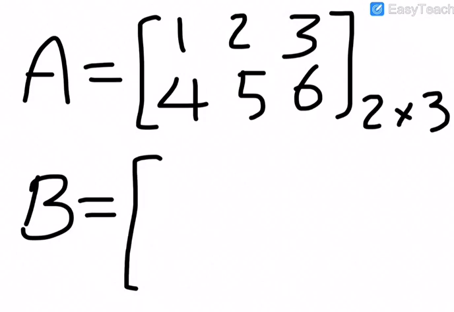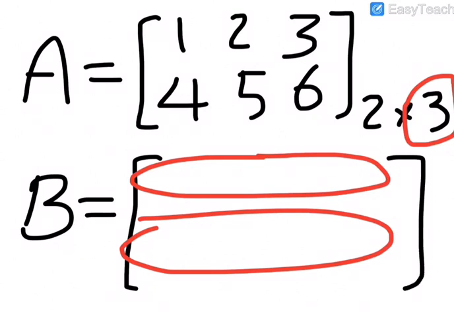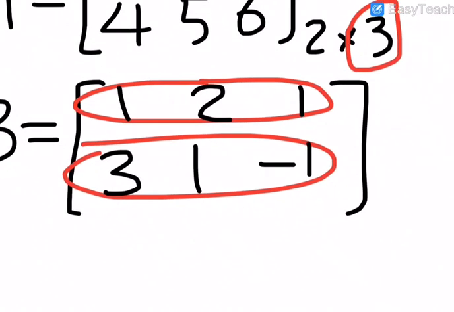If I'm going to define A times B, the matrix B should have 3 rows, because this should be the number of rows of B. So let's say B has 1, 2, 1, 3, 1, minus 1. Okay, this is the matrix B.